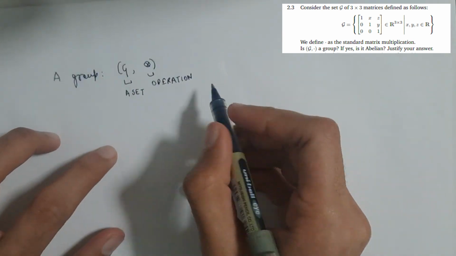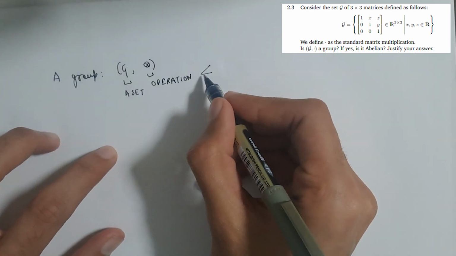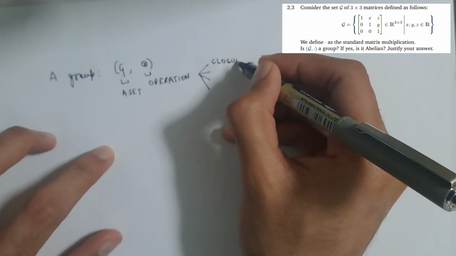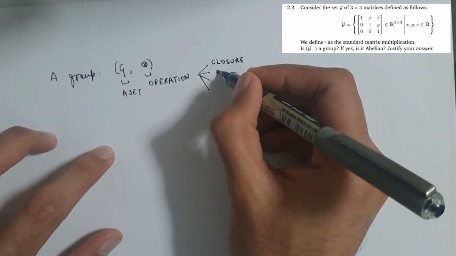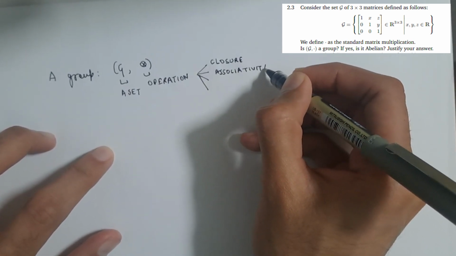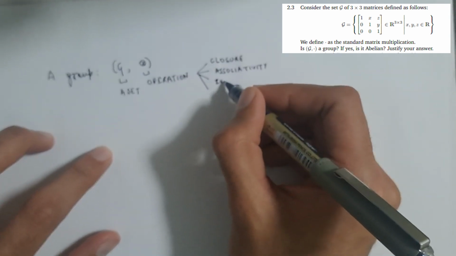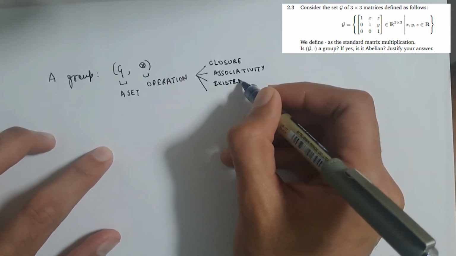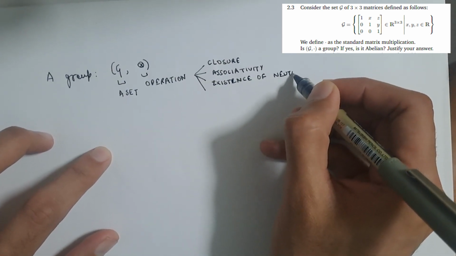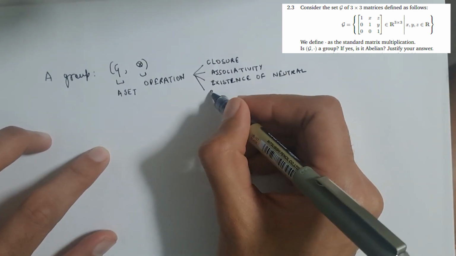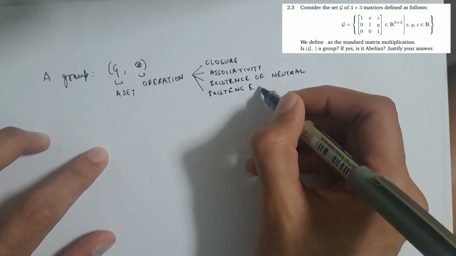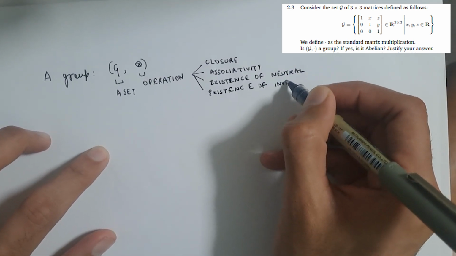It's only a group if the operation honors 4 different properties: closure, associativity, existence of neutral element, and existence of inverse.